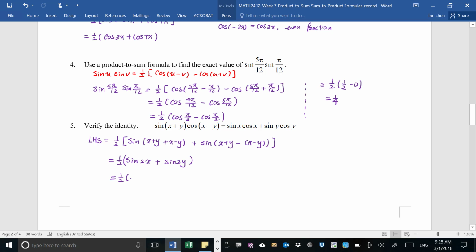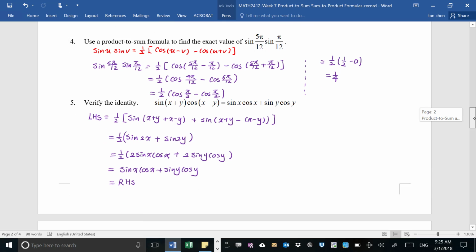So that's half of 2 sine x cosine x plus 2 sine y cosine y. Distribute the half inside the parentheses. Then I get sine x cosine x plus sine y cosine y, which is identical to your right-hand side. And we have just proven the identity.